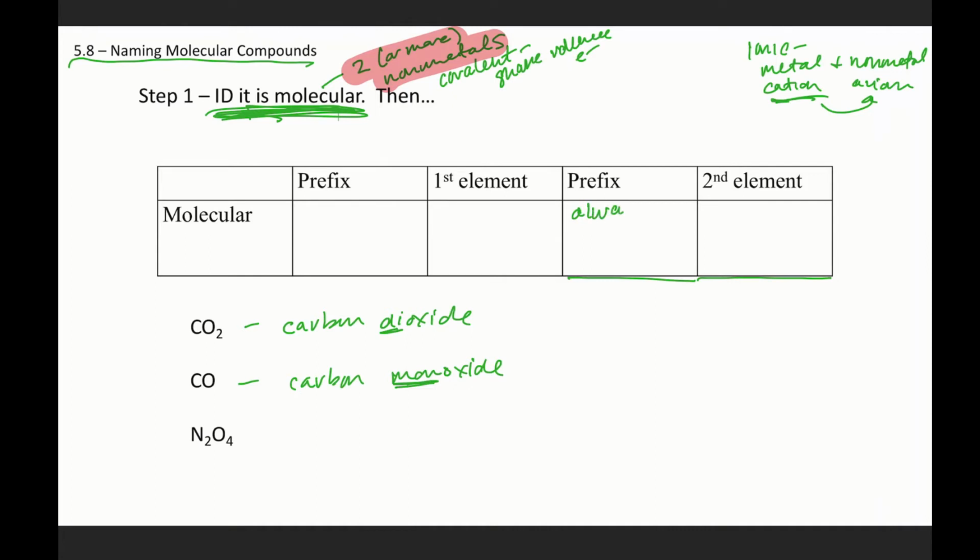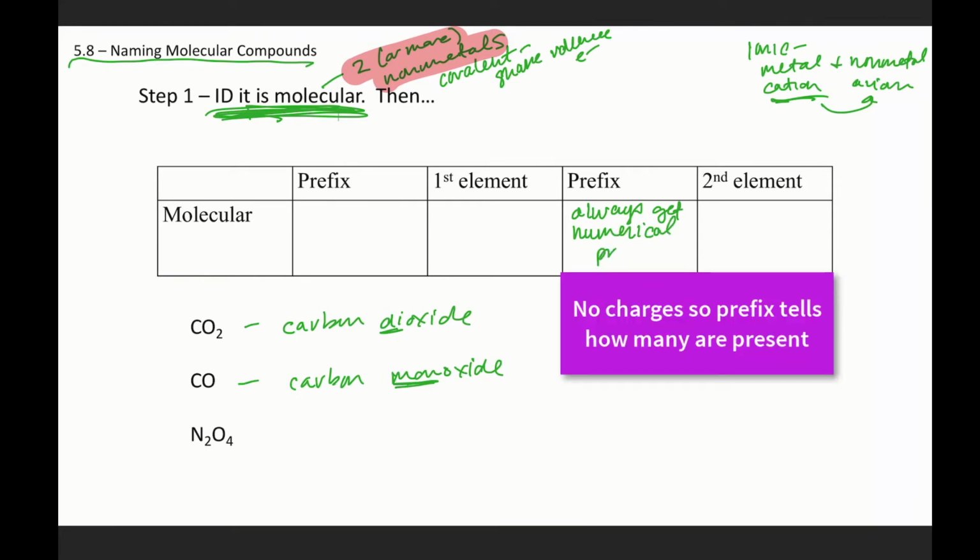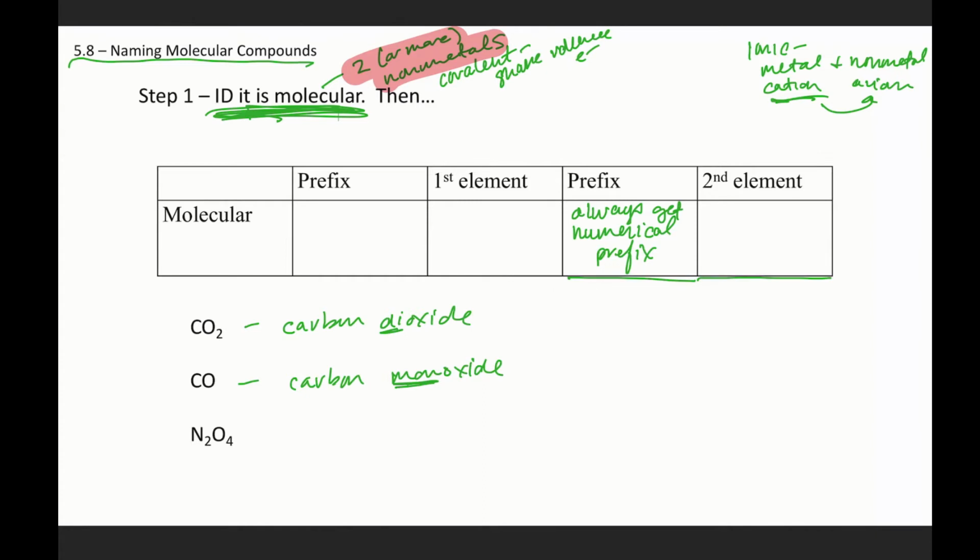So for the prefix, we always get a numerical prefix. And so here, obviously, we have to make sure we know our numerical prefixes. All of them are really simple. The only one that's weird is the tetra, but the rest of them fall in line with all your geometric shapes that you would have learned a million years ago. All right, and then we're just going to do root and ide.